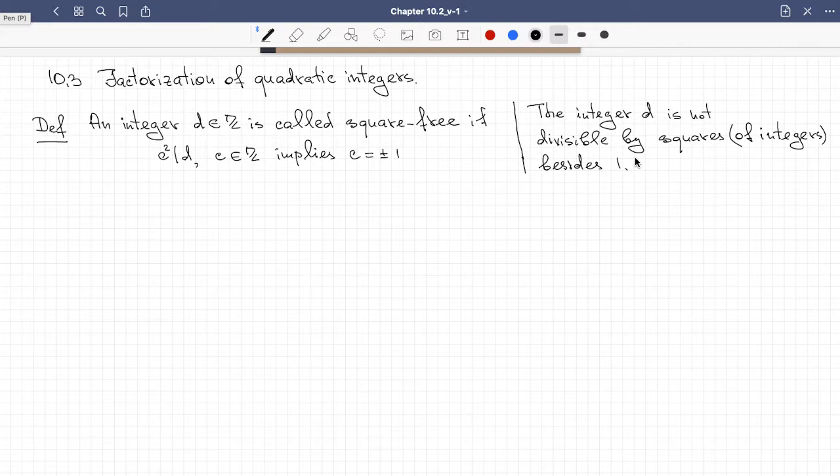So the integer is not divisible by non-trivial squares of integers.